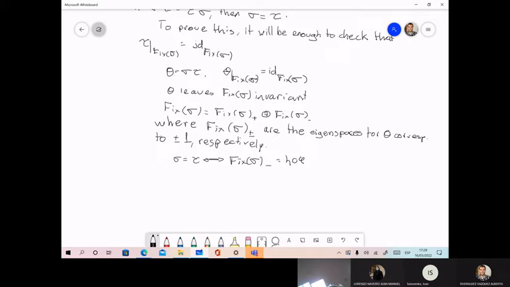I mean, theta is sigma tau, which is tau sigma. So when we apply it to an element in fixed sigma, this is just applying tau to it. So what we're saying is that there's no element here which tau doesn't leave fixed.